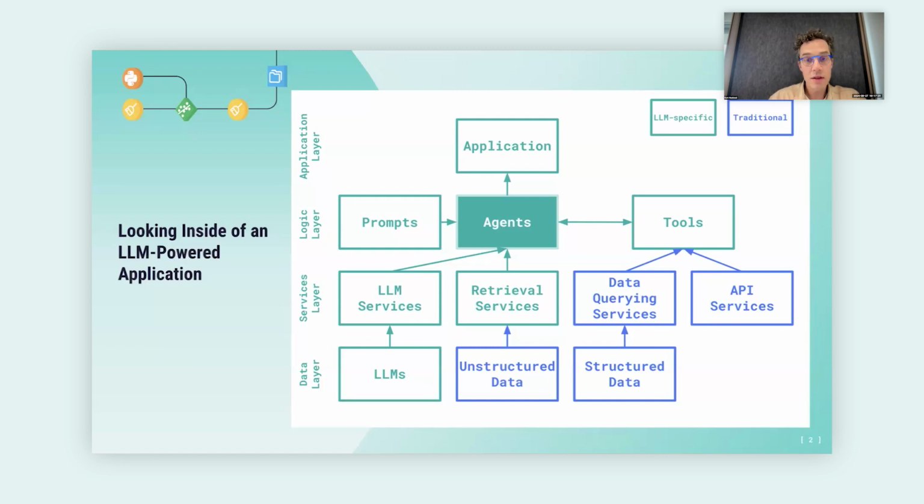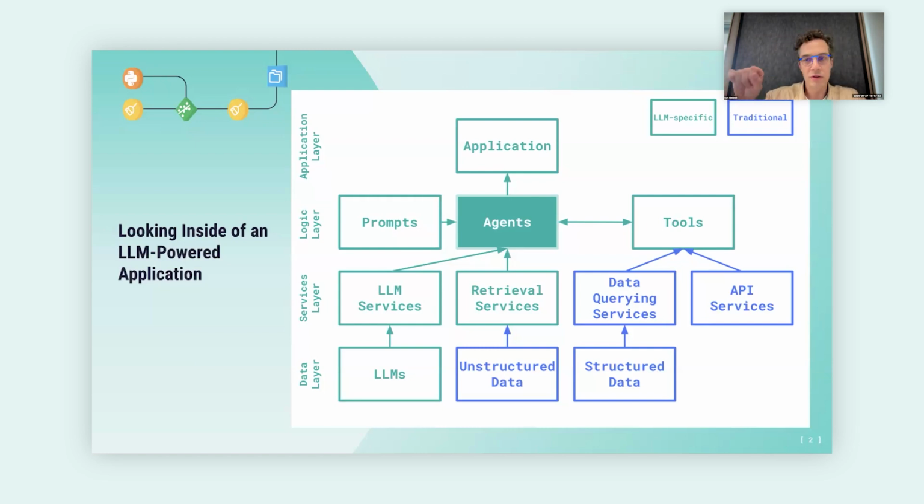And this is a simplified schematic. This is not actually how any one application works. These are simply how the different types of objects that go into these applications connect in general with one another. Right, because a real application might have different loops in here, and the agent is going to go and use multiple or different LLM services to solve different parts of the problem.